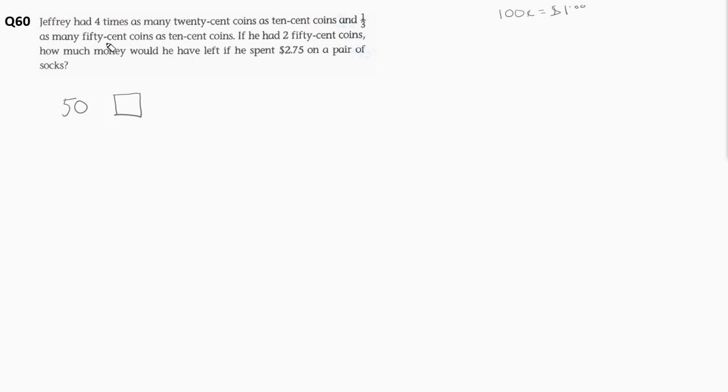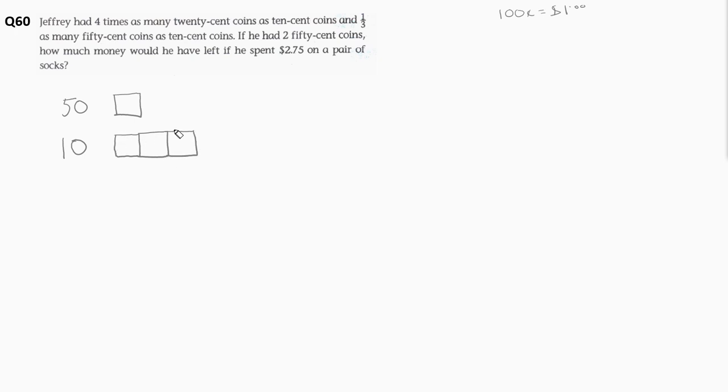So, why did I do that? It said there were a third as many 50-cent coins as 10-cent coins. So 50-cent coins were compared to 10. And it said that this was 1/3 of the amount of 10-cent coins there were, which means that there must be 3 of these.